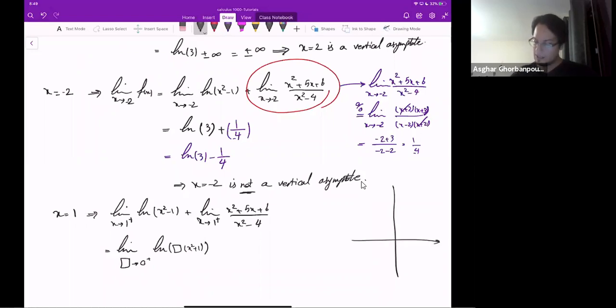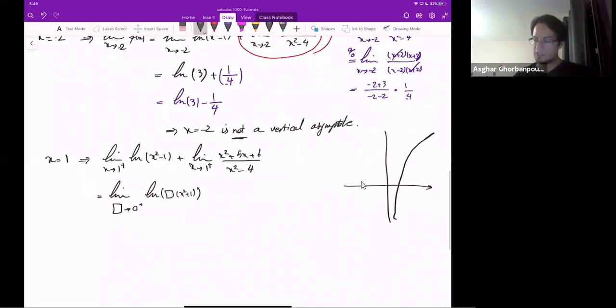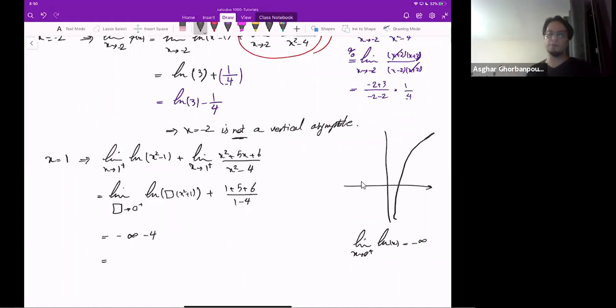Remember that ln of x as x goes to 0 from the right is negative infinity. The second part is just a good number: 1 plus 5 plus 6 over 1 minus 4, which is 12 over minus 3, or minus 4. A big negative number minus 4 is again a big negative number. So x equals 1 is a vertical asymptote.